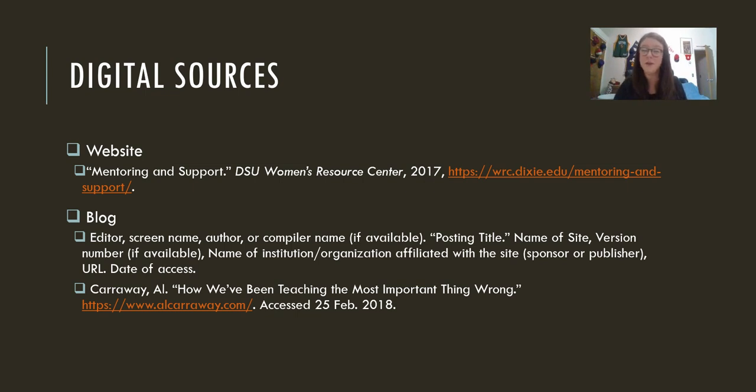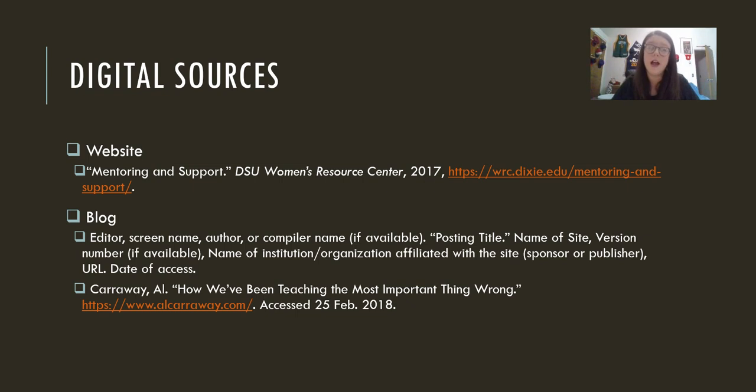Again, work with the information that you have access to. And even if it's a really silly screen name, you still do want to include it. And then after you've done that, you'll include the posting title, and then the name of the site, version number again, if available, and then the name of the institution or organization affiliated with the site, again, if available.